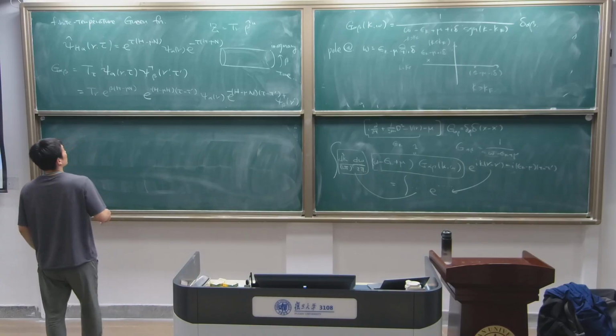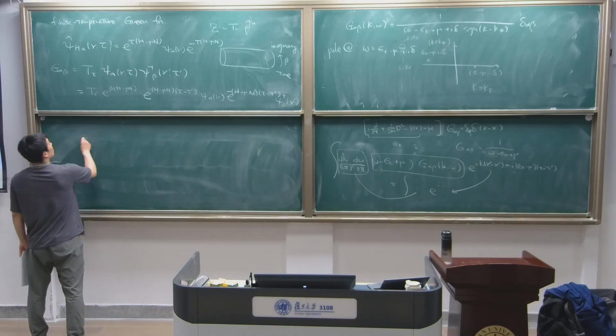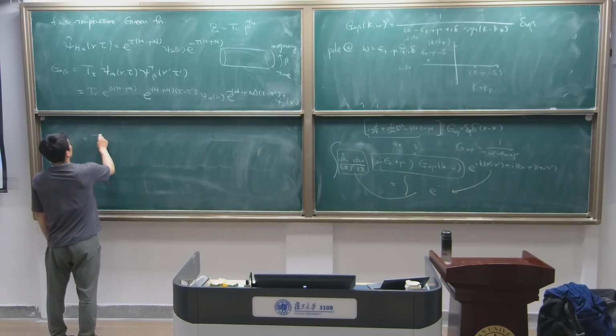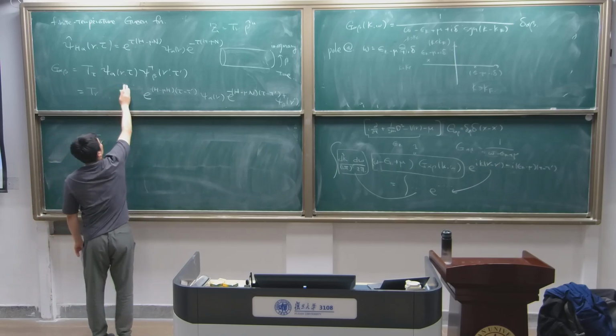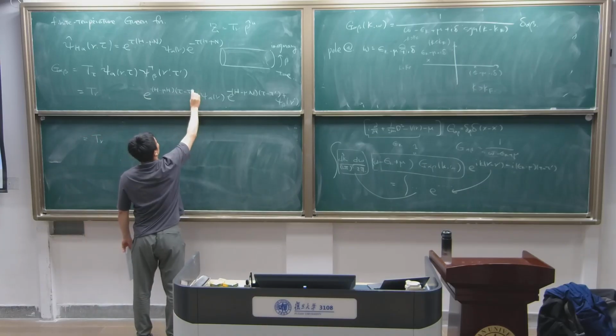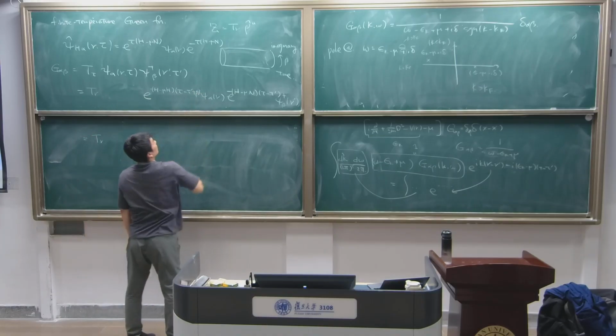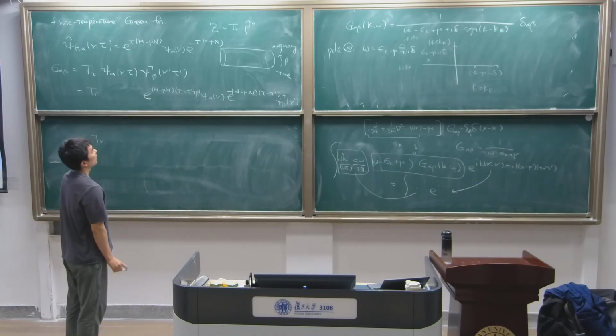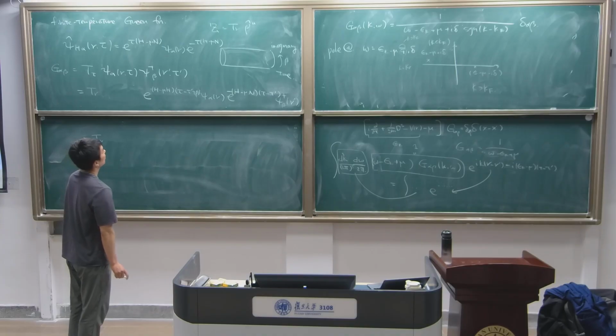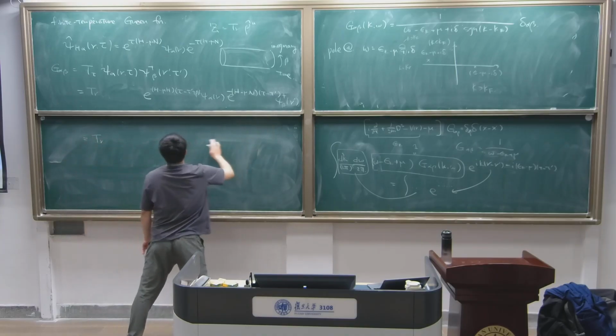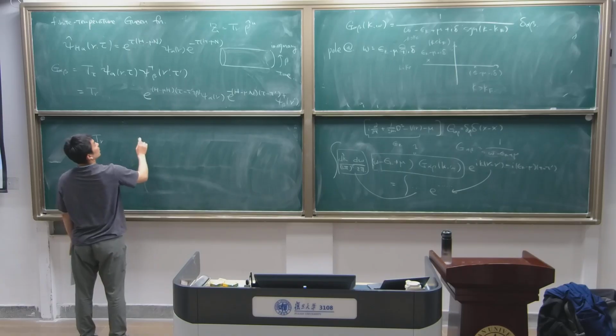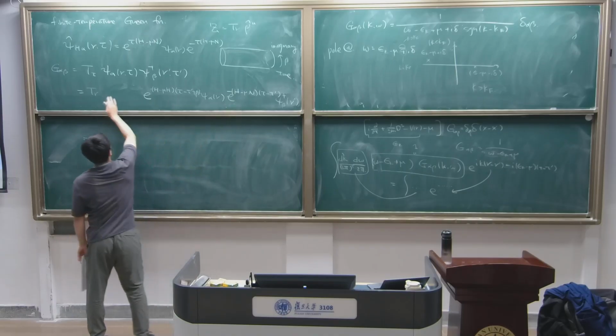And if you use this one, so this one is equal to, right? And just absorb this one into here, plus beta. Okay? And then what I want to do is bring this one into here, and then bring this one into here.